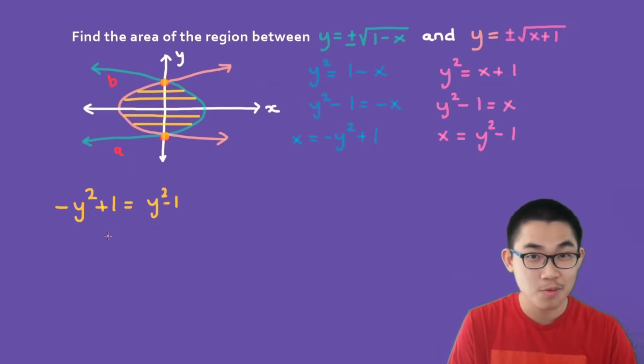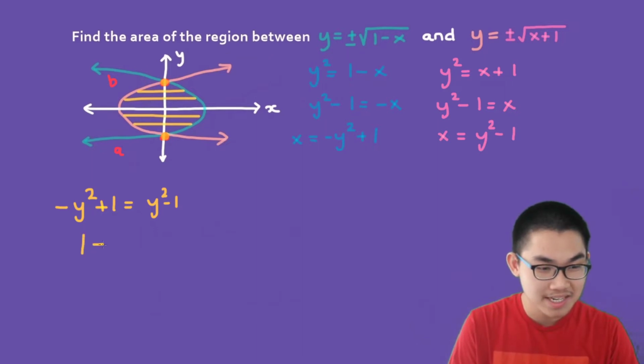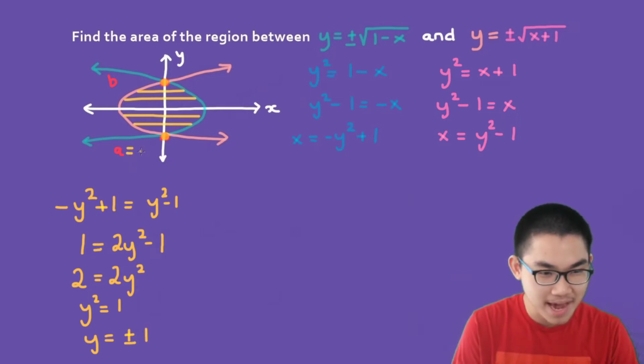So we add y squared to both sides of the equation. We're going to get 1 is equal to 2y squared minus 1. So 2 is equal to 2y squared. y squared is equal to 1, and y is equal to plus and minus 1.